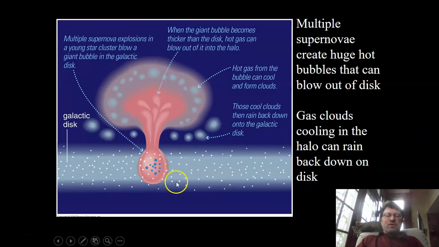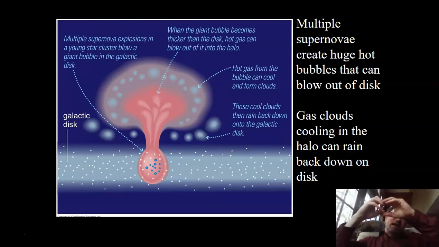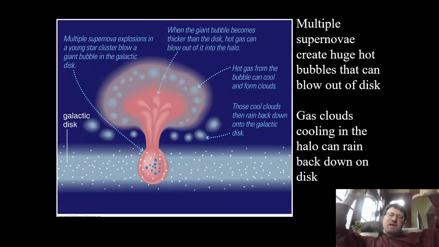If you have enough supernovae occur in a region of your galactic disk, then the gas from the outflow can become denser and poke a hole in the disk, so to speak, and then it gets expanded out in this big bubble on top of the disk. And that bubble will spread out, and then regions within it will start to collapse. And as it spreads out and cools, it'll rain back down onto the disk.